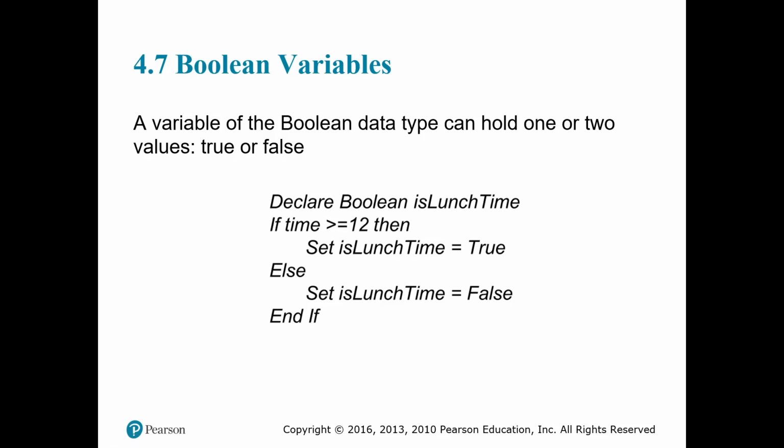We have a string. A string is a sequence of characters. We have an integer. An integer is a whole number. And we have a double. A double is a number with a decimal after it. And now we're adding a Boolean to it. A Boolean is just a variable that can hold either a true or a false value.